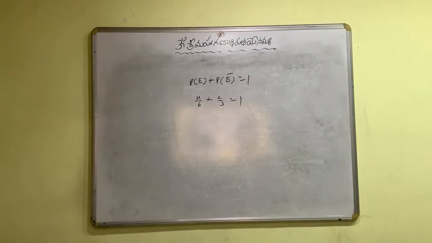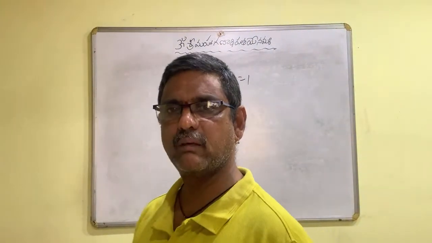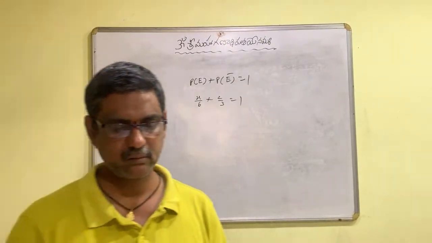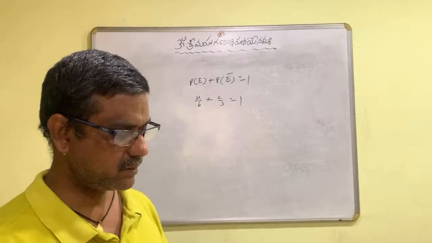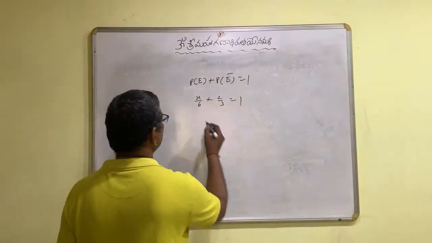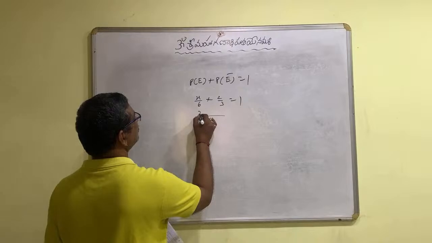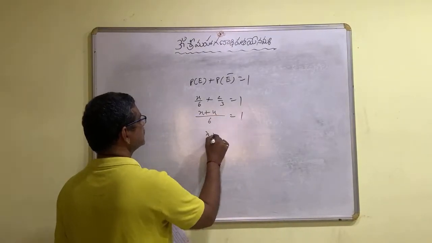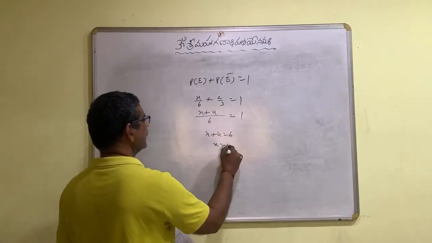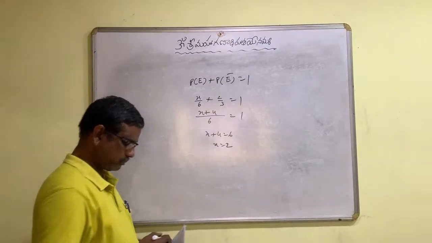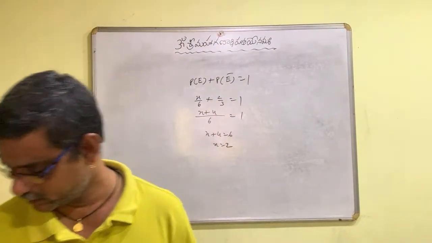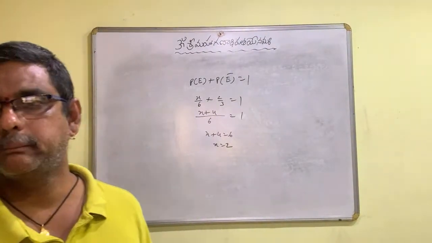Srujay, how is it? Taking LCM, x plus 4 is equal to 6, so x is 2. Okay.